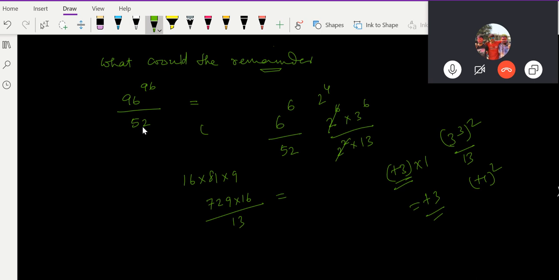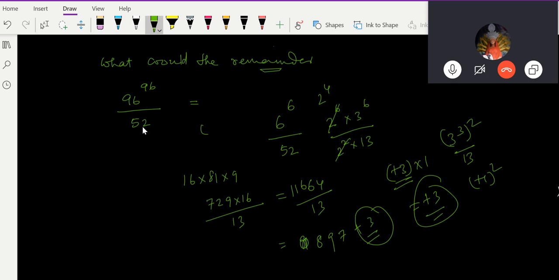So this is 144, and 32 and 14 is 46, 16 into 7 is, how much is that? 16 into 7 is 112, I guess. 112 plus 4 is 116 by 13, right? 116 by 13 is 8, 104, 12 is 9, which is 117, so remainder 3. Right? Clear? Yes, sir.